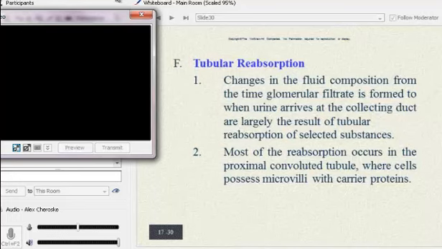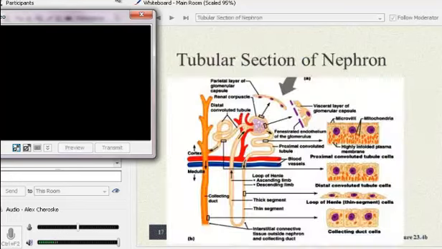Now there are very interesting things about tubular reabsorption, but it occurs in a lot of different places. So again, here is where our filtration is first occurring. Then that filtrate is going into a proximal convoluted tubule, a loop of Henle, a distal convoluted tubule, and finally this collecting duct or collecting tubule.